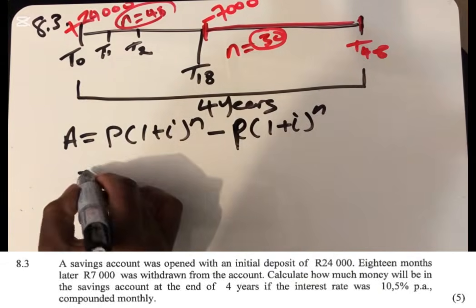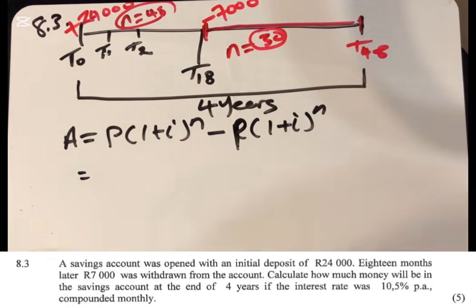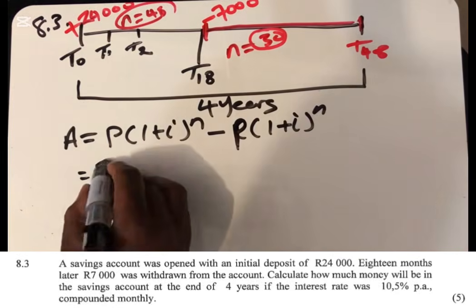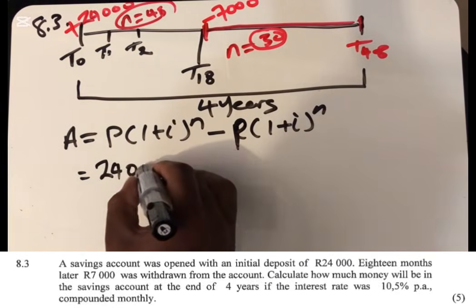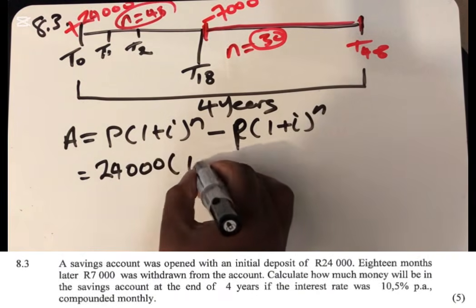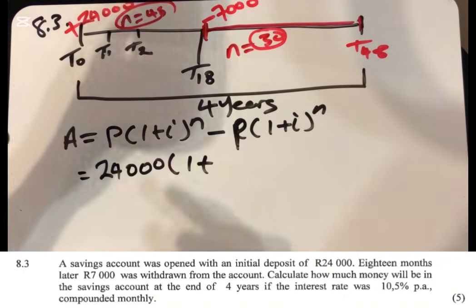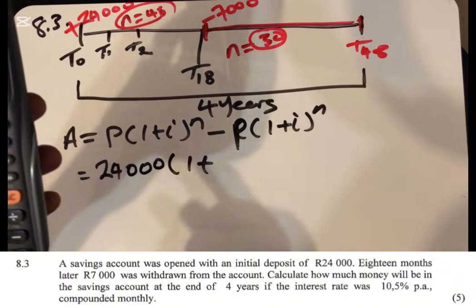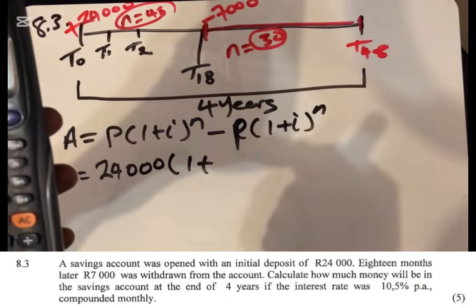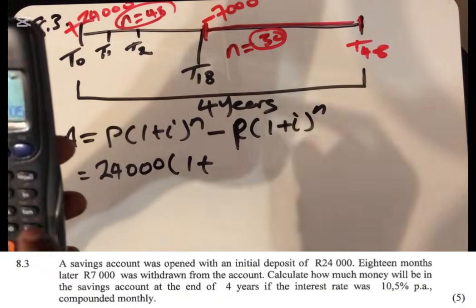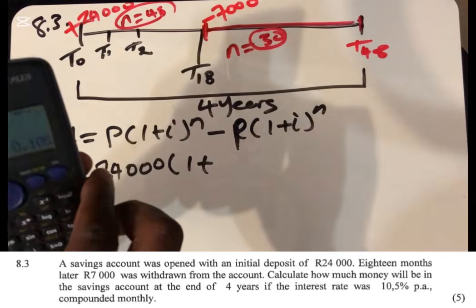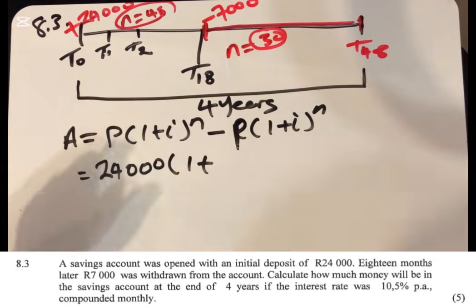How much was deposited initially? We said it's 24,000. Then 1 plus the interest rate. The interest rate is given as 10.5%. We don't use 10.5; we divide by 100, which gives us 0.105.